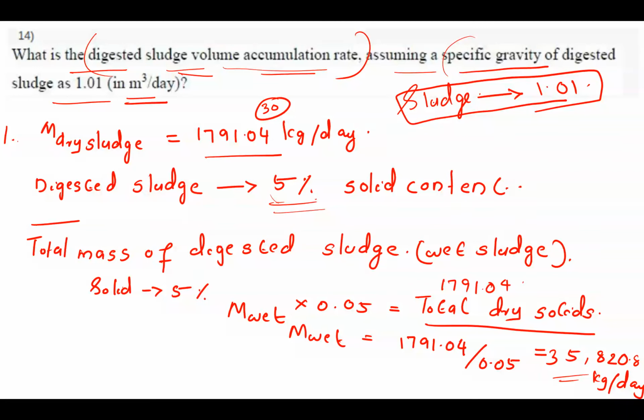As far as my understanding, the sludge is fly ash plus water, with that specific gravity, then you multiply with 1000.